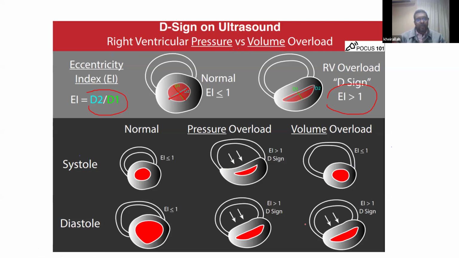So remember this. Again, with pressure overload, the septum is flat in systole and in diastole, but more in systole than in diastole. But with volume overload, it is diastolic flattening of the septum. Okay?